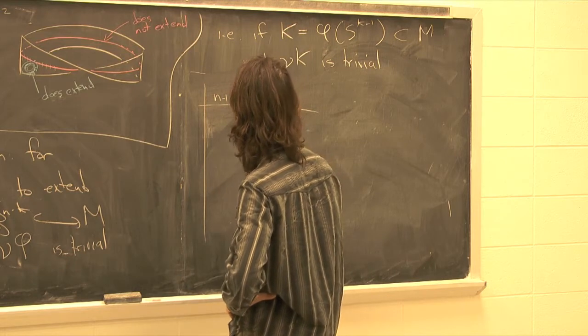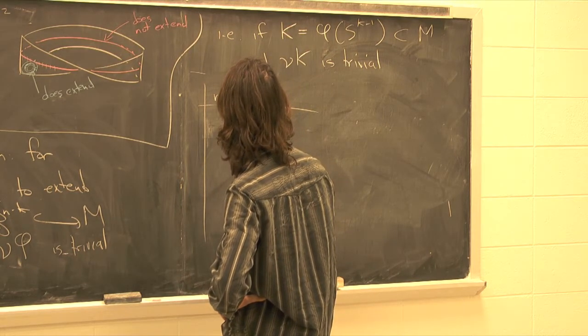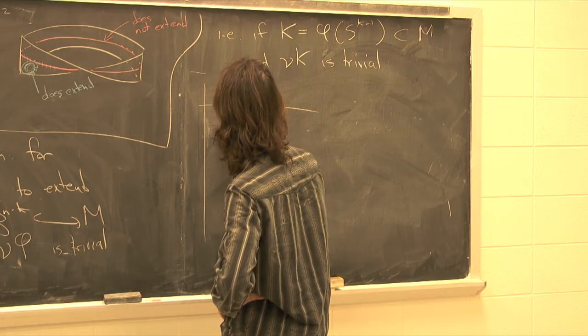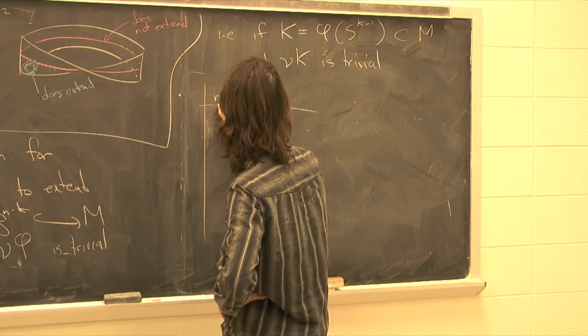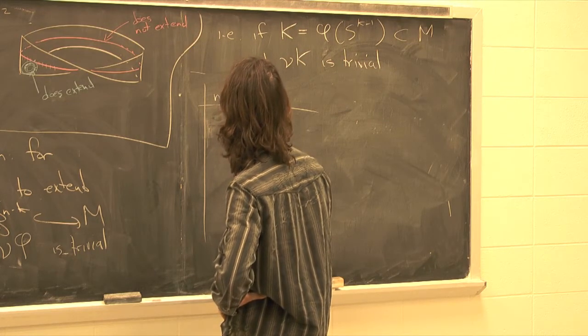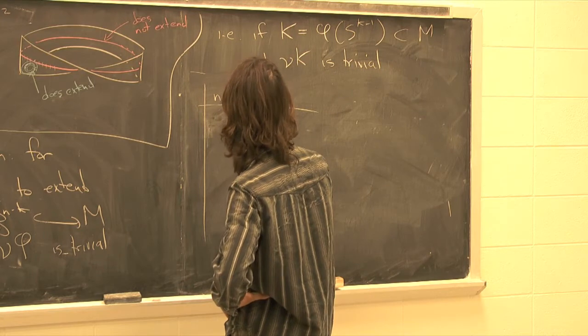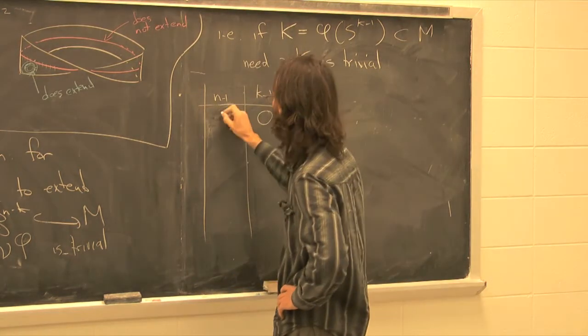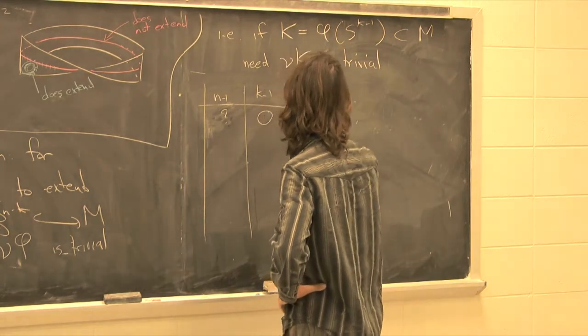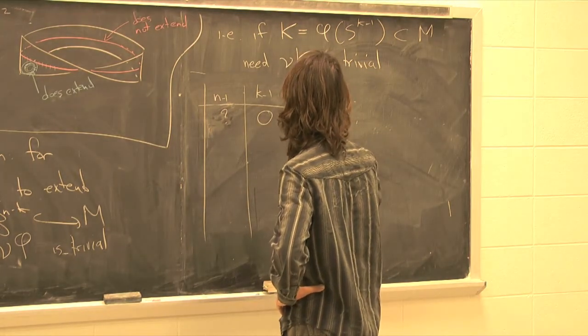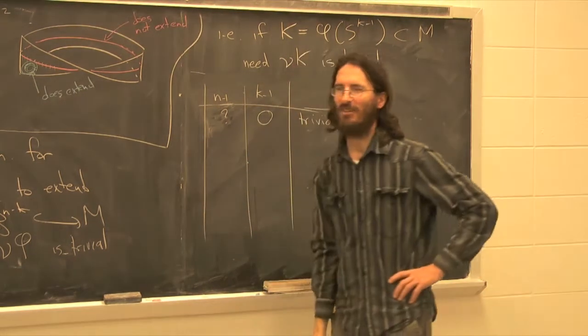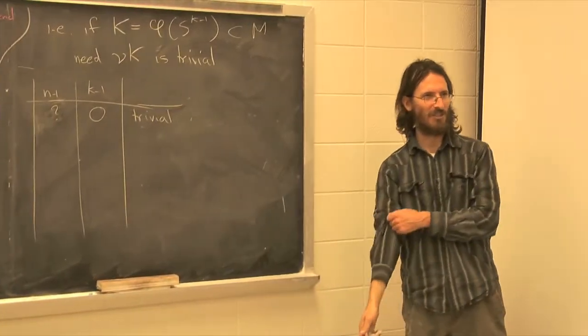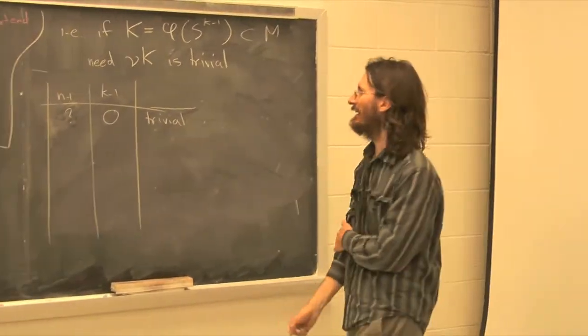So first of all, if k minus 1 is 0, so we're embedding S0s, and this is anything at all, then it's automatically trivial, right? Because any bundles over a 0 sphere are trivial. Okay.